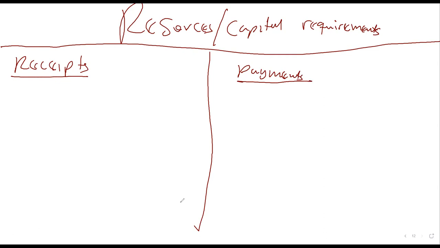List all your payments. Number one, we have onerous payments. These are debts that are long overdue. You have to pay them now.